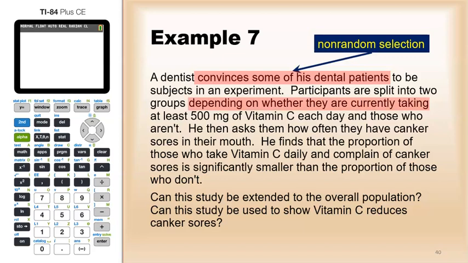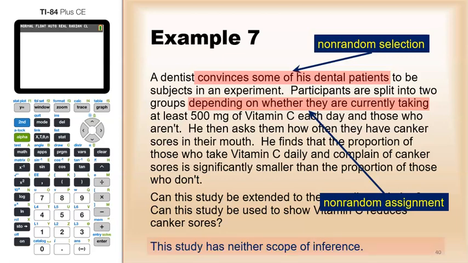Well, again, the split into groups is not random, so this is non-random assignment. He already asked if they're taking at least 500 milligrams or not. The members themselves are separating themselves, so this is not a random assignment. So what that means is this study has neither population inference, nor does it have causal inference.